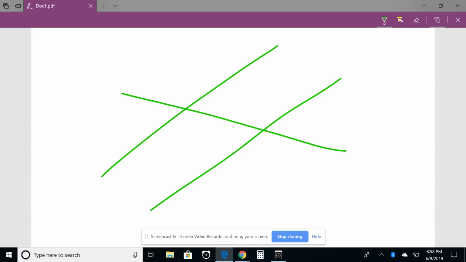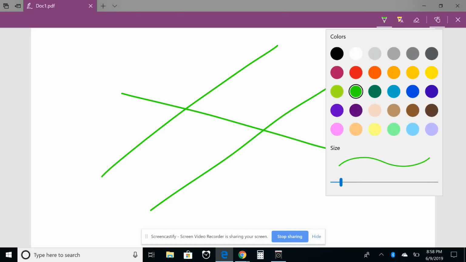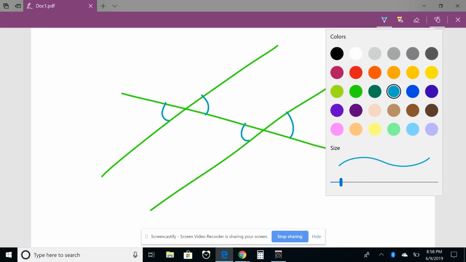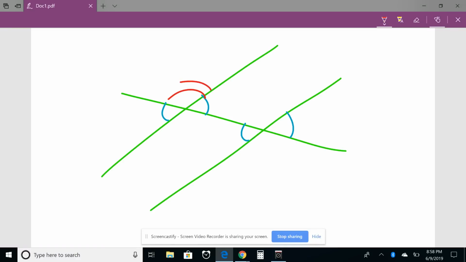The angles of these diagrams have a certain relationship where any acute angle, so those are all my acute angles, are going to have the same measure. And any obtuse angle, this is an obtuse angle, this is an obtuse angle, those are also going to have the same measure.